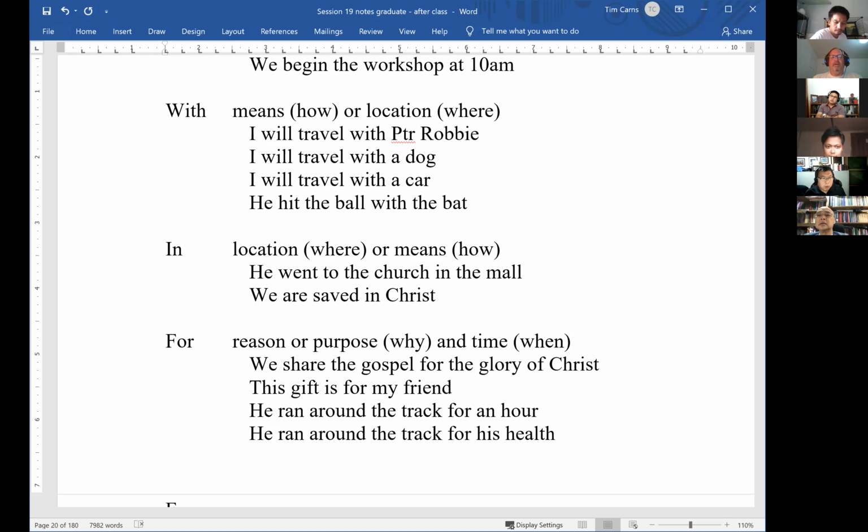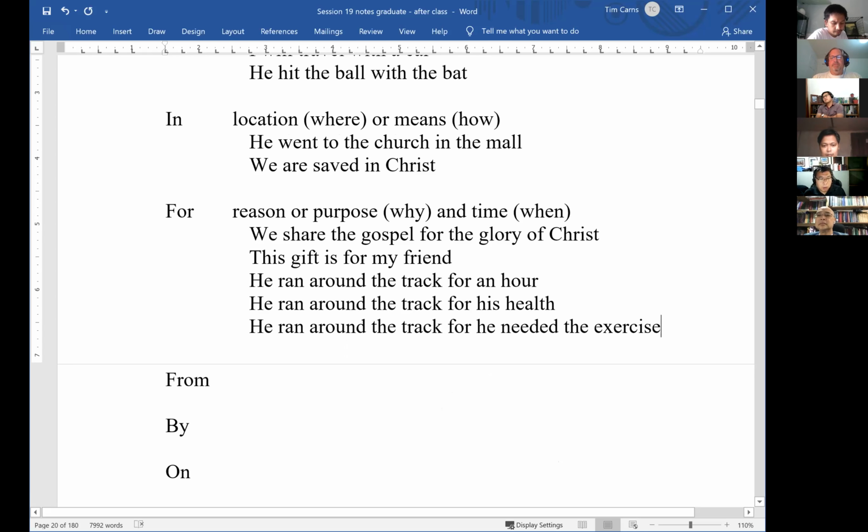How's it working there now? Purpose again. Yes, purpose. Now, I'm going to throw a curveball at you. He ran around the track for he needed the exercise. What's going on here now? Reason. Okay, it is a reason, but is "for" still a preposition here?